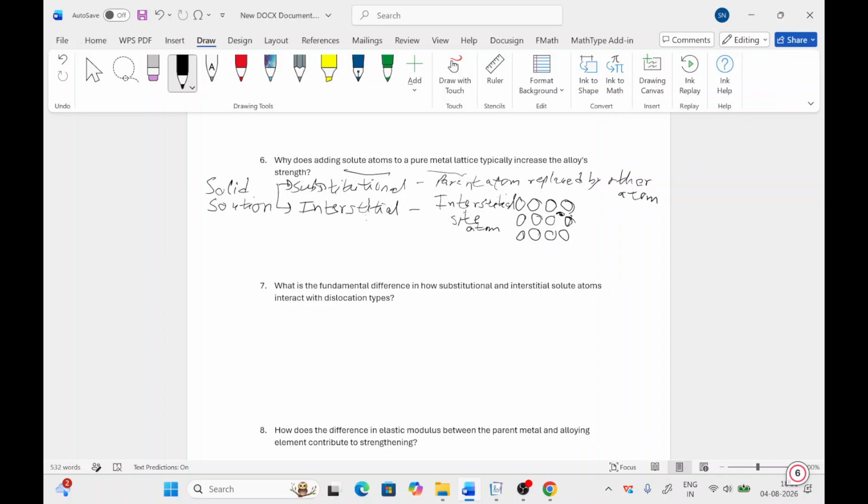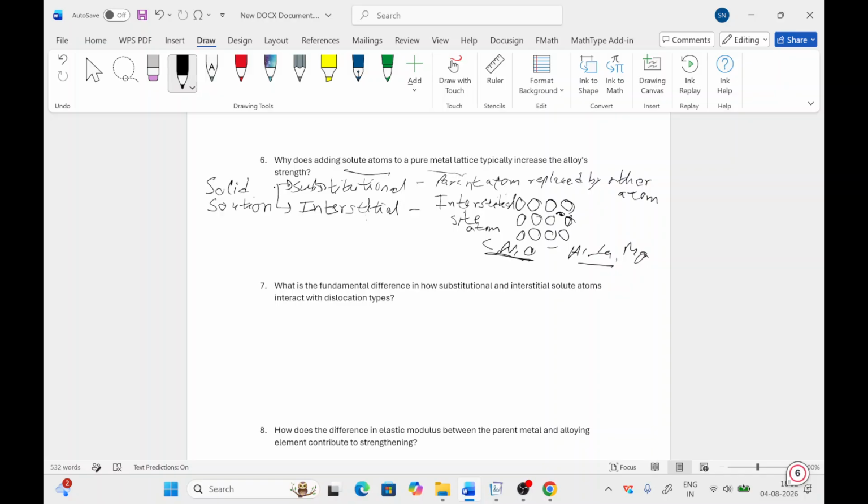We can add non-metals also, like carbon, nitrogen, oxygen. These atoms are much smaller than aluminum, copper, magnesium atoms, so they sit at the interstitial sites.